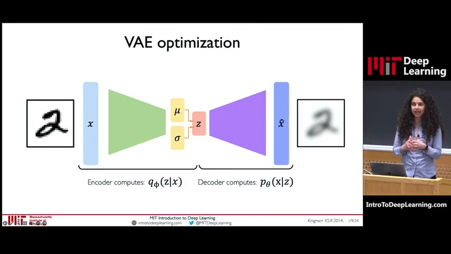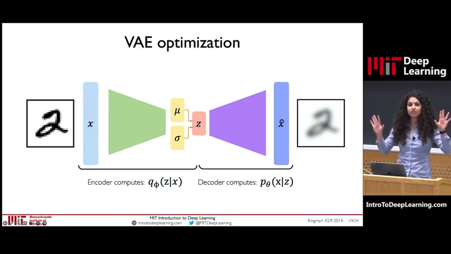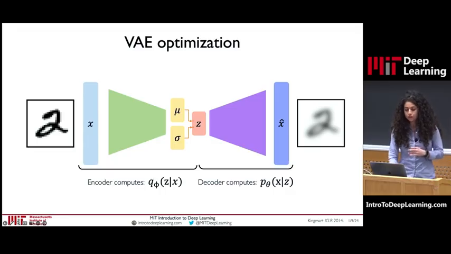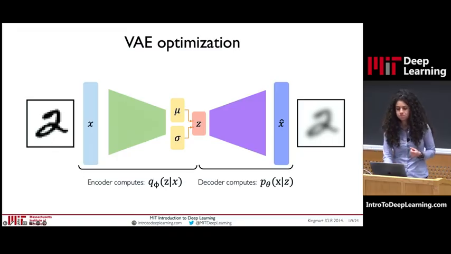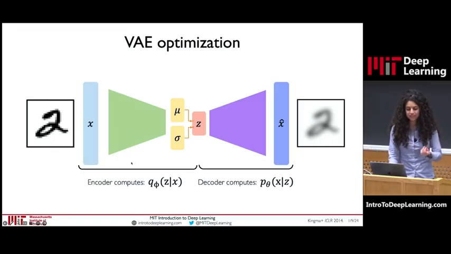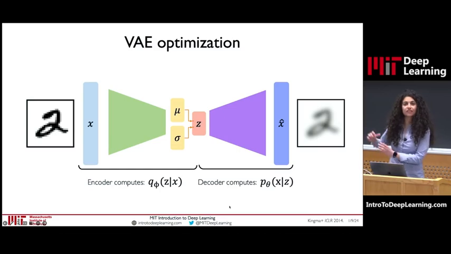So now to get a little bit further into this, instead of a purely deterministic setup, we have these two halves to this VAE autoencoder framework. First, we have what we call an encoder, what's shown in green. And second, we have a decoder, shown in purple. All the encoder is trying to do is take the data and compute a representation of a probability distribution of these latent variables given the data X. The decoder does kind of the inverse.